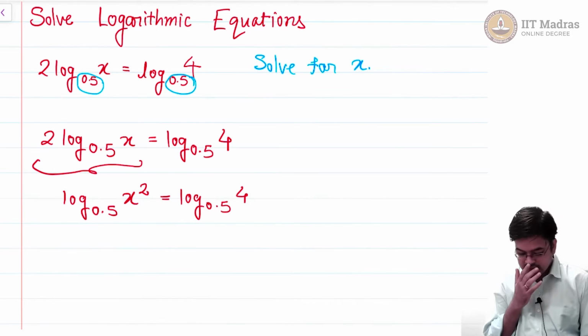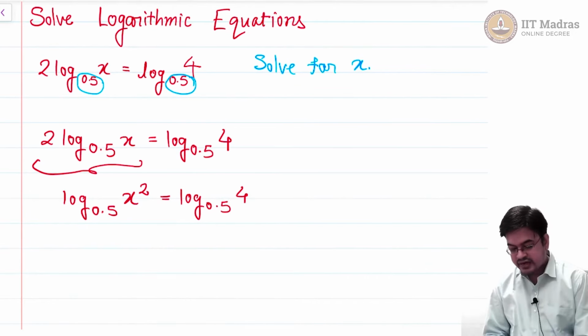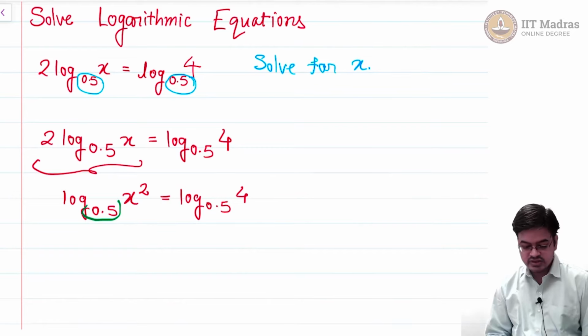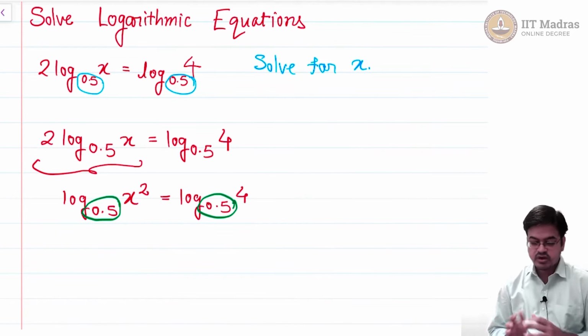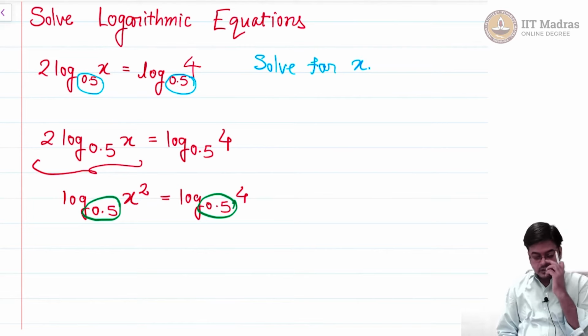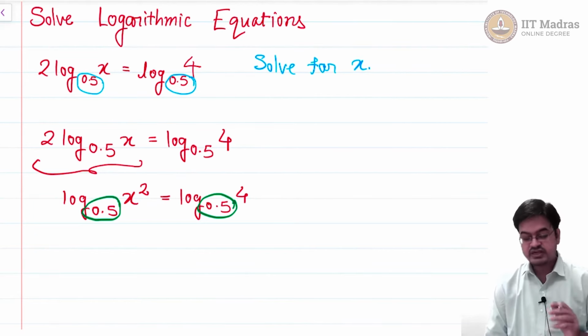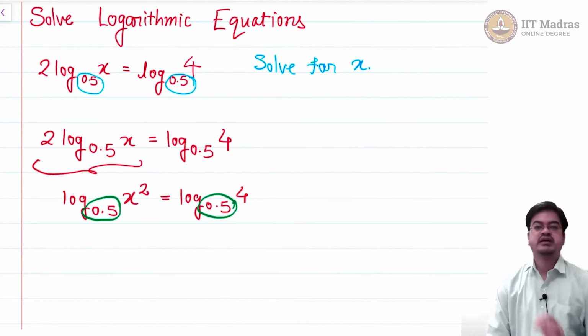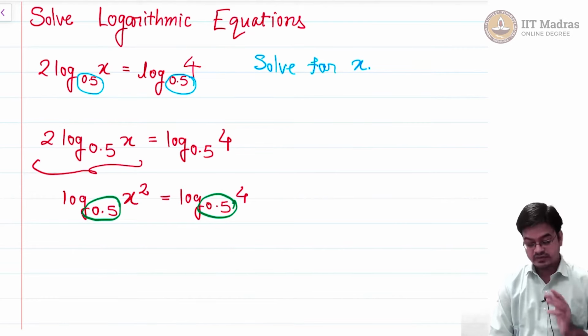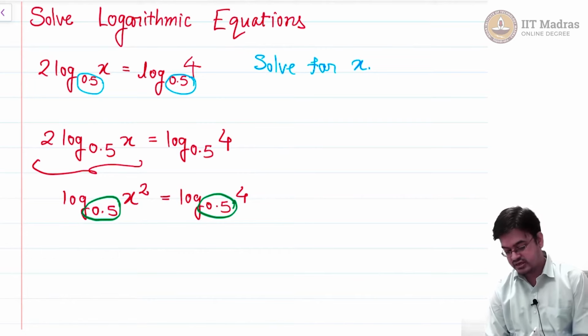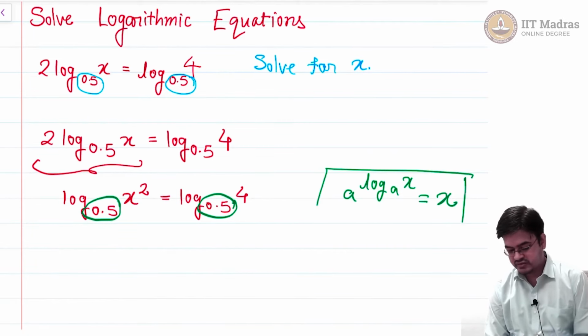Now if you look at this particular expression, not the denominator, the base, you can easily say that the base is common. Therefore the exponentiation trick which we floated in the last class, that a raised to log to the base a of x is x, will work.